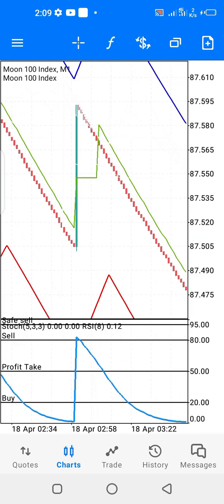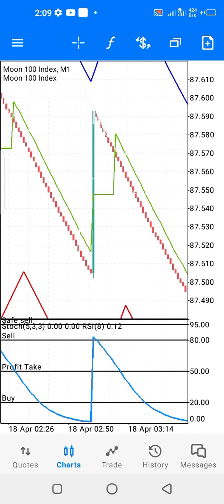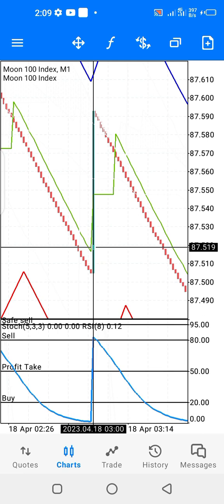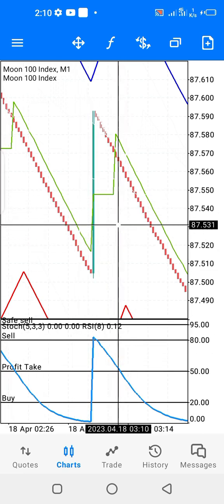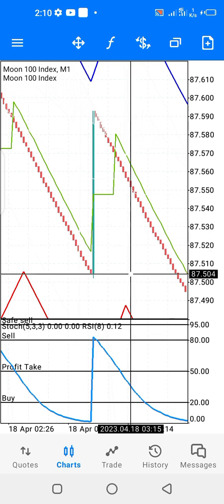For those of you who have this strategy, I added another extra point. I don't know if you can see it. I don't even know what to use to hover over it. Alright, see this stuff I'm using to hover on the screen.